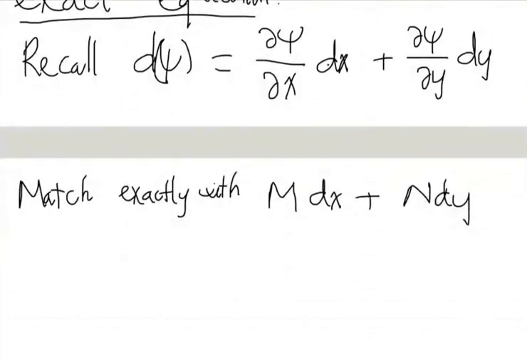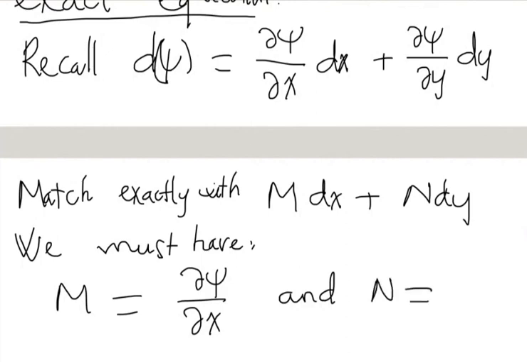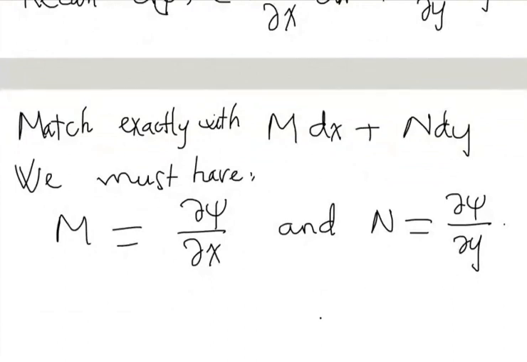So in order for the total differential to match exactly M dx plus N dy, we must have M be the same as partial psi partial x, and N be the same as partial psi partial y.